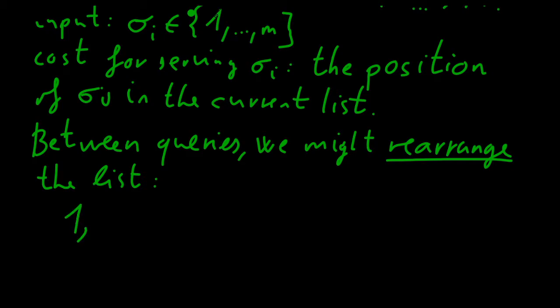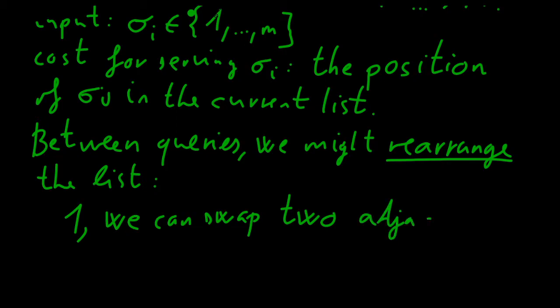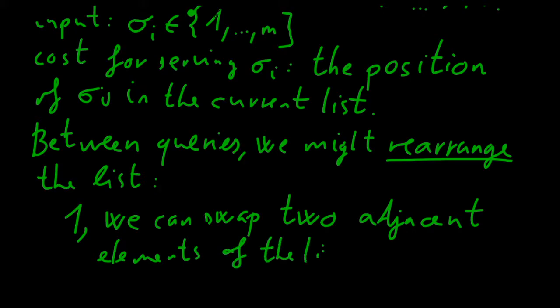First, we can swap two adjacent elements, two elements which are adjacent in the current list. Of course, this has a cost of 1. So it's a unit cost operation.